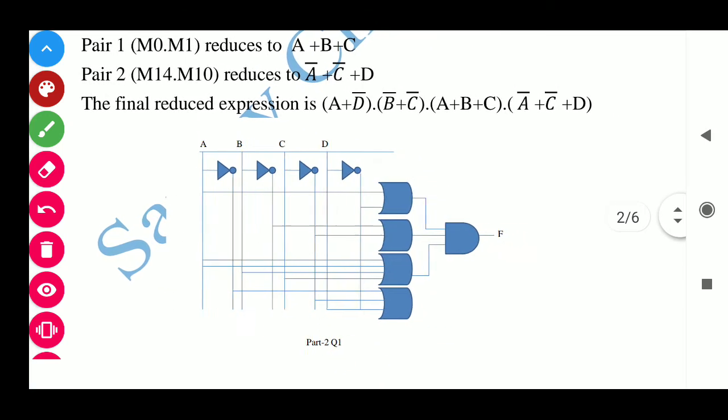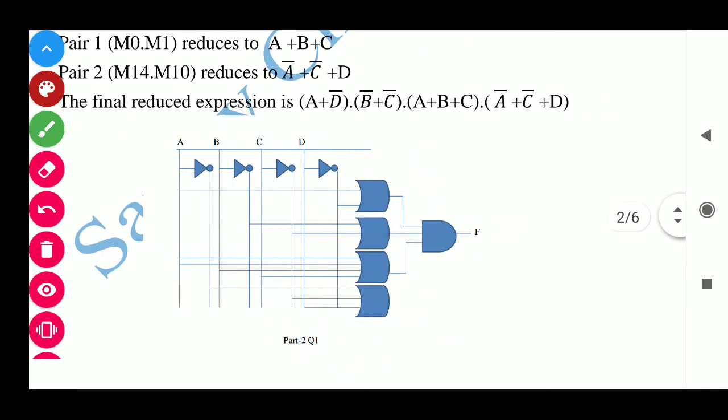See what you have to do. Because there are 4 variables, write there A, B, C, D, okay, and draw this. So A is having 0 state and 1 state. Because of the not operator, that is 0 of A, and one line is totally same, that is 1.